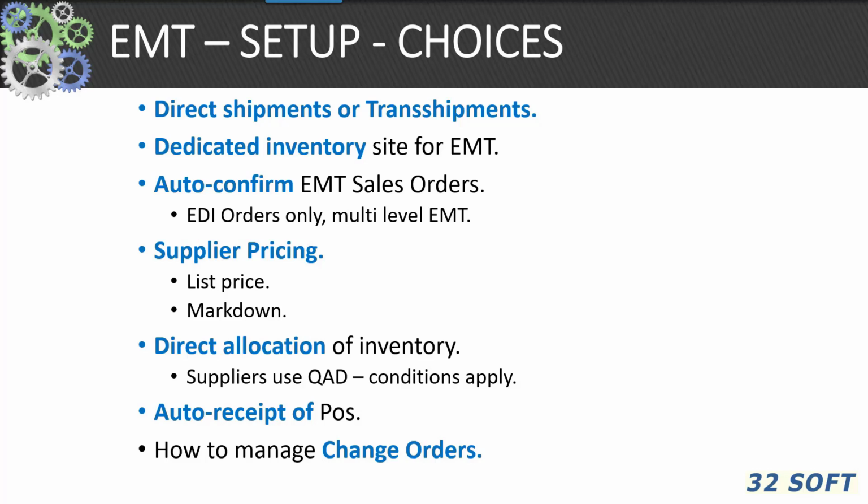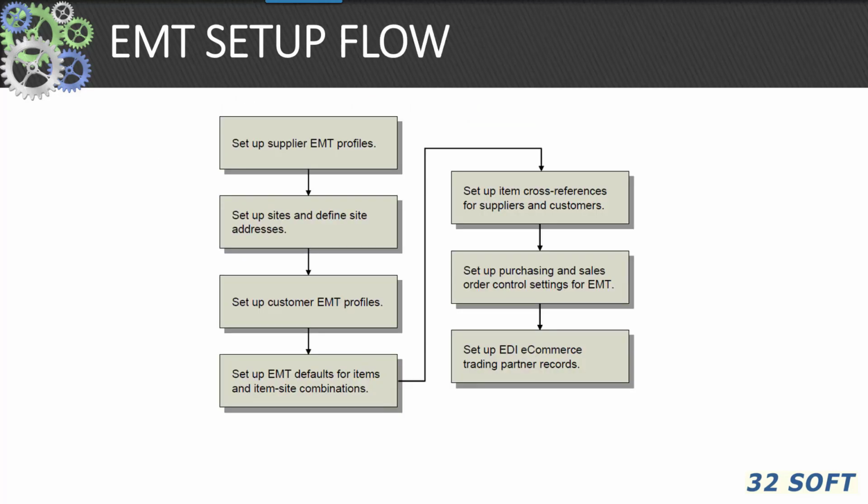I'd be a little cautious with that until you're really familiar with the process. How are you going to handle supplier pricing? You can use price lists, markdowns, etc. If you use direct allocation, you need to understand how that works. We'll talk a little bit more about that. Are you going to do auto receipt on POs? Again, a little caution up front. And finally, how are you going to manage change orders?